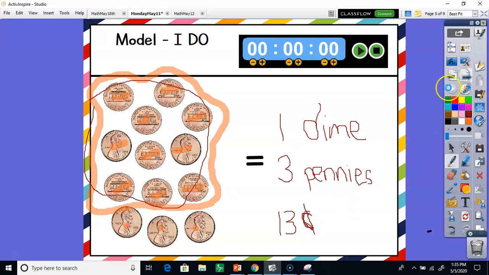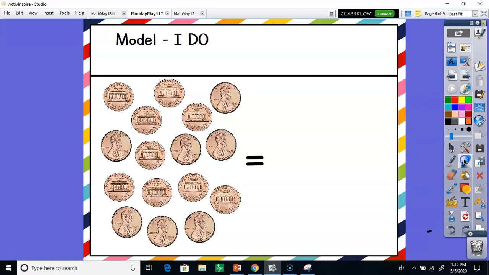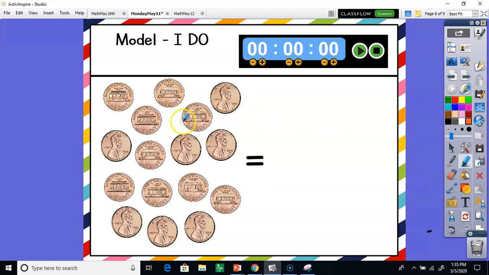Okay, let's try another one. We're going to do the same thing. We're going to put a little mark on the pennies that we count, and then when we get to 10, we'll circle it to show a group of 10. 1, 2, 3, 4, 5, 6, 7, 8, 9, 10. Let's circle our group of 10 to show that we've made a 10, or we have made a dime. 1, 2, 3, 4, 5, 6.